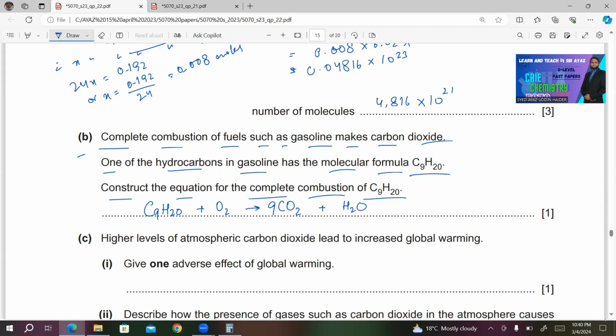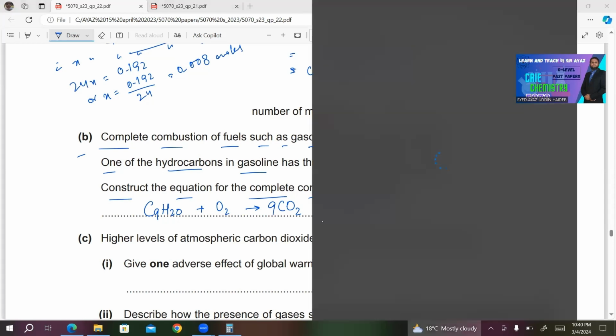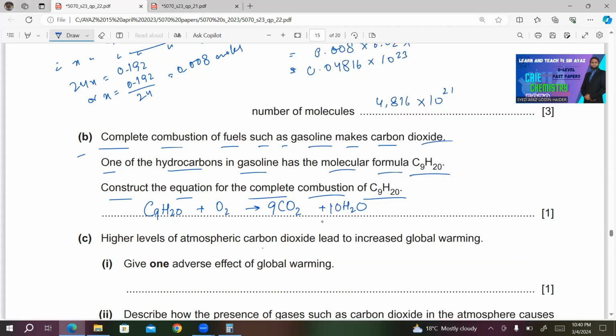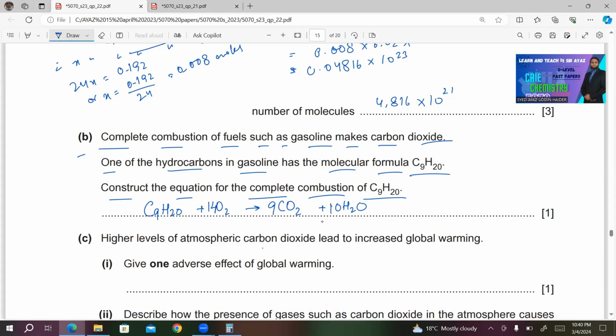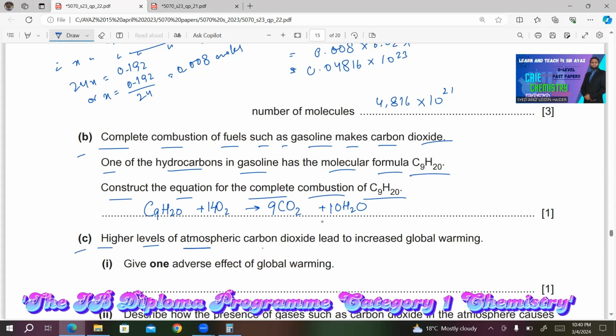It's 20 on the reactant side, so I need to write 10 moles of water. What about oxygen? 9 times 2 is 18, 18 plus 10 is 28. So it must be 14 moles of oxygen. This is balanced.